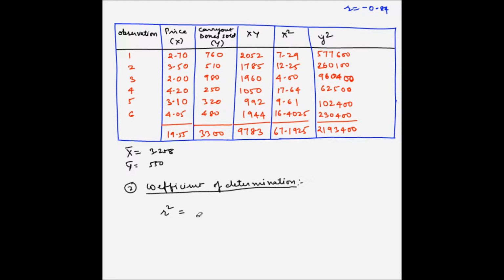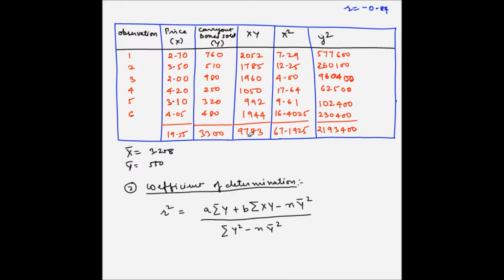But let me calculate this using a different formula than what I have used in the previous example. So the formula for R square is A sigma y plus B sigma xy minus n y bar square, divided by sigma y square minus n y bar square.